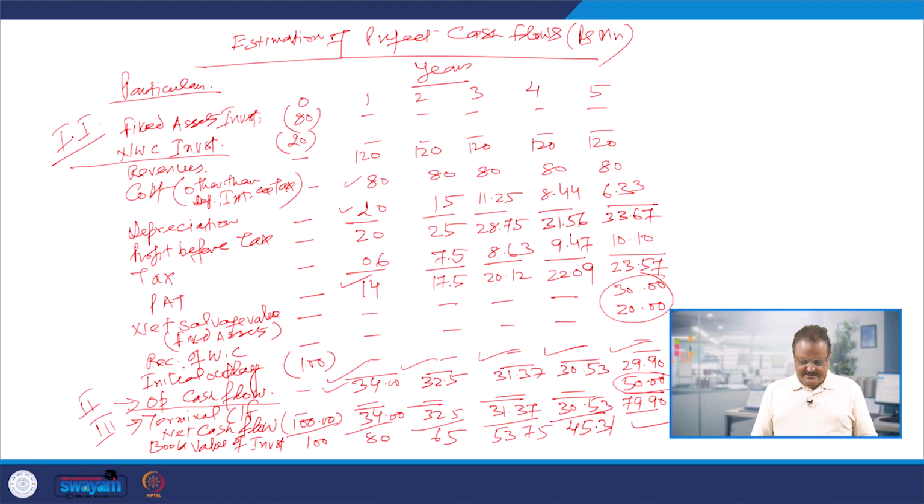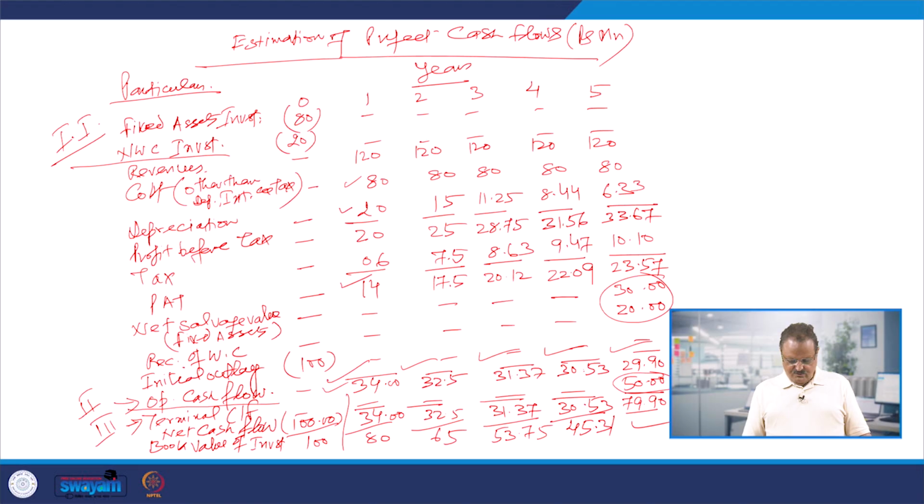So finally, for calculating the net present value from these cash flows, 100 will be taken as the present value, but you have to discount at the given cost of capital 34 for year 1, 32.5 for year 2, 31.37 for year 3, 30.53 for year 4 and 79.90 for year 5.